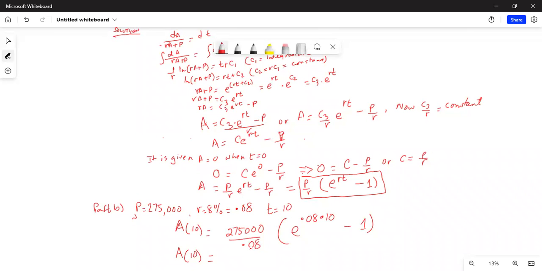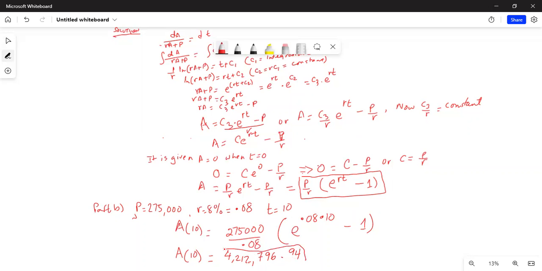From there, we subtract 1 and then multiply that by 275,000 and then divide it by 0.08. And we get the answer as 4,212,796.94. Okay, so that's the answer for part B.